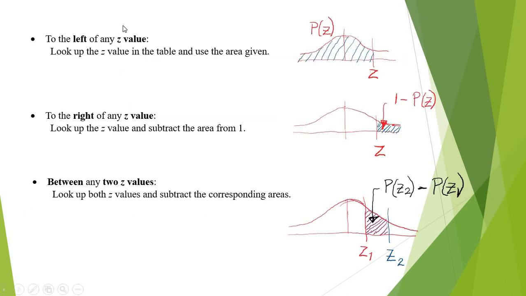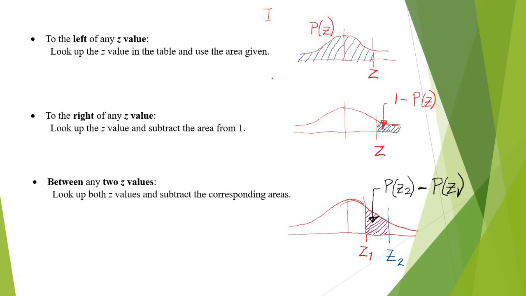So again, these are the three cases. Case 1 would be maybe we wanted to find the probability to the left of any z value. So in this case, if we are interested in this area here, then our p sub z to the left would be this. Now, this is for case number 1.